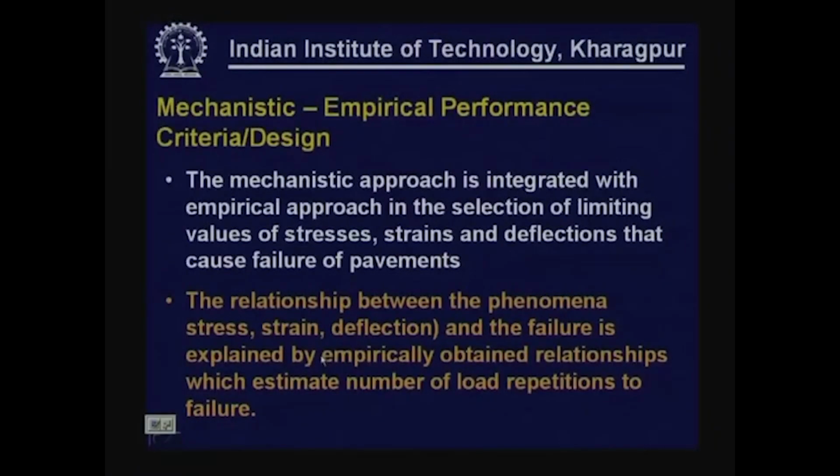So, the relationship between the phenomenon and the failure is explained by empirically obtained relationships. Again, we have to correlate the performance with the mechanistic parameters using some statistical means, so some amount of empiricism is always going to be there, because you always have to go to the field, observe performance and then correlate that to the design parameters.